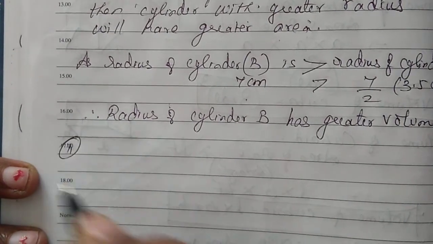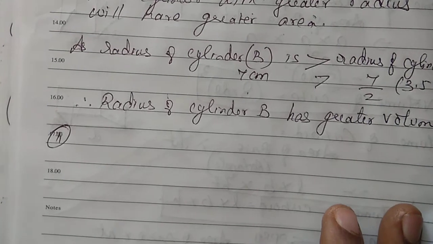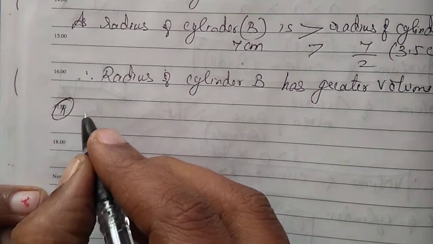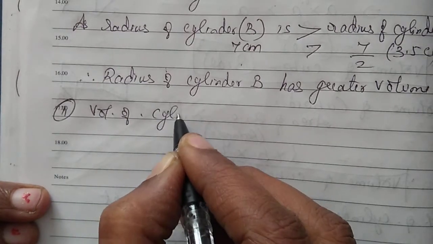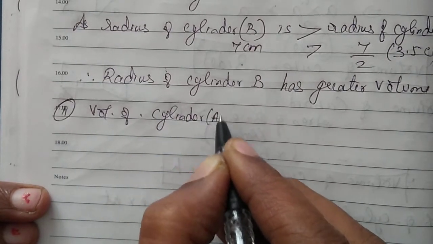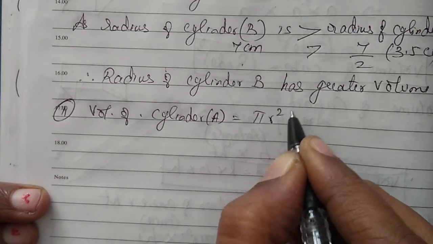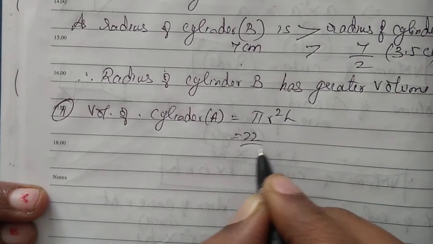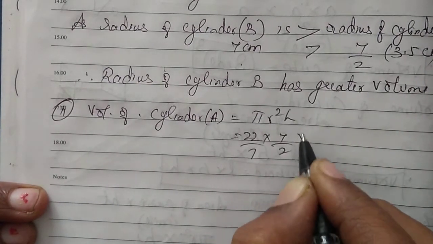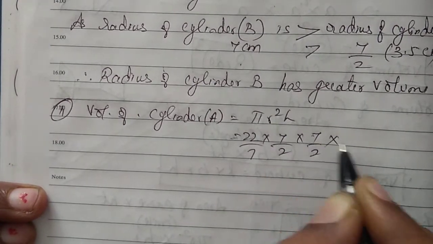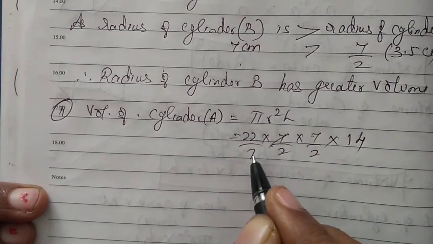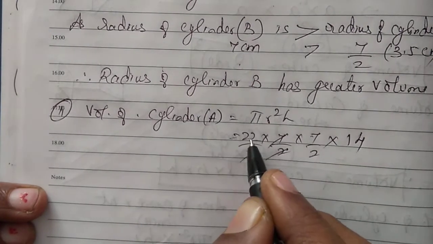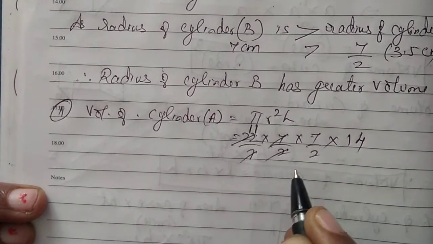So in the second part they asked you to use calculation and verify it. So we do the calculation. Volume of cylinder A, that is what? Pi r squared h. 22 by 7. A has the radius 7 by 2 into 7 by 2 into h is 14. Now 7 and 7 get cancelled. 2 will go in 22 11 times.